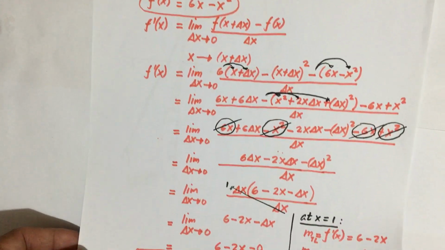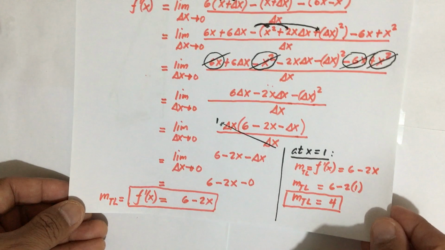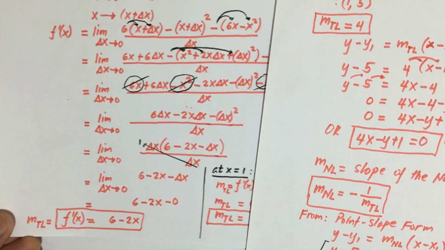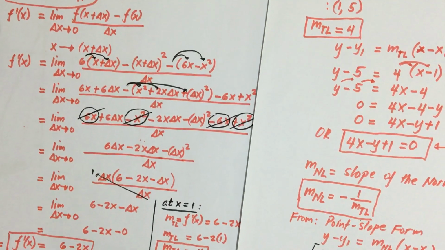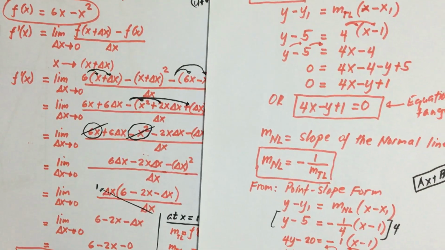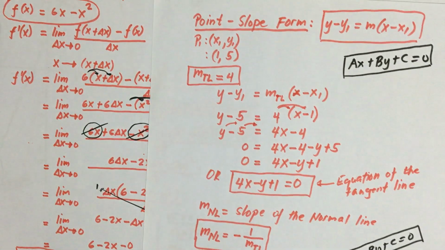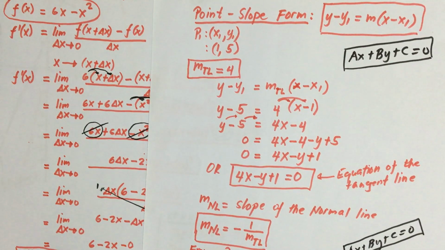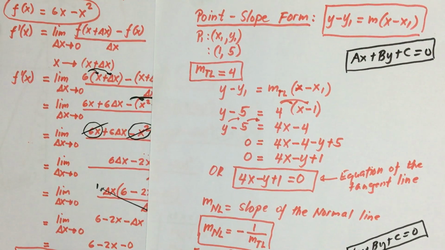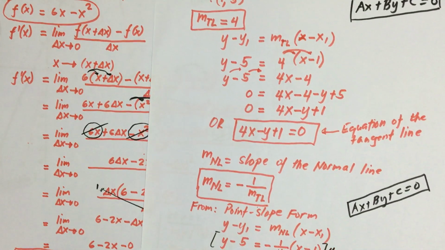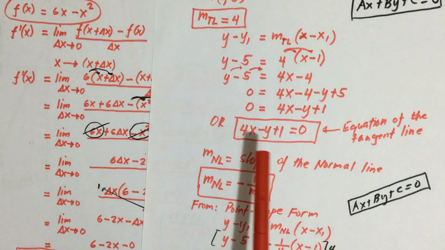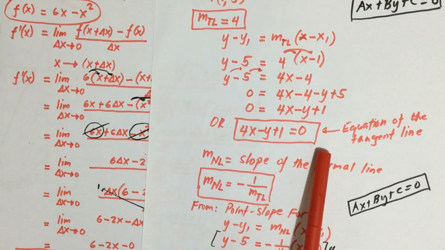We found the equation of the tangent line using the point slope form, and we expressed the answer following the form ax plus by plus c equal to 0. The equation of the tangent line is 4x minus y plus 1 equal to 0.